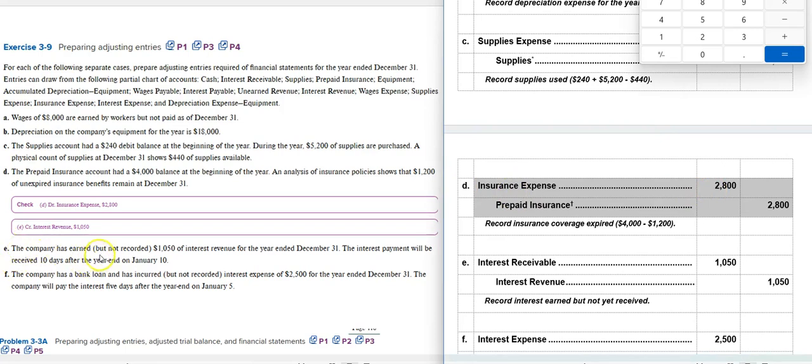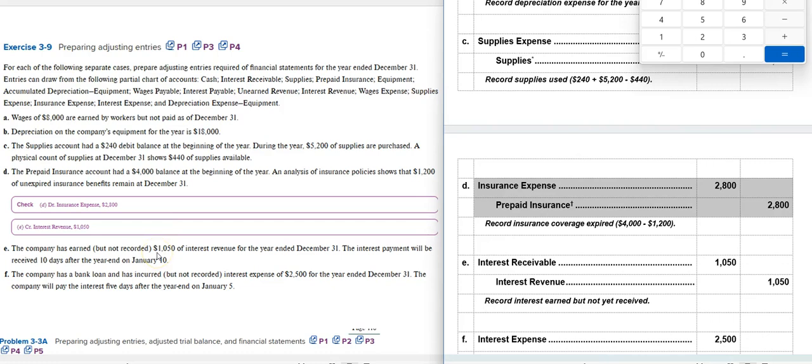In E, the company has earned but has not recorded $1,050 of interest revenue for the year ended December 31st. We are going to receive that interest payment sometime in January. But as of December 31st, we have a revenue that we have earned, but we hadn't recorded in the accounting system yet.